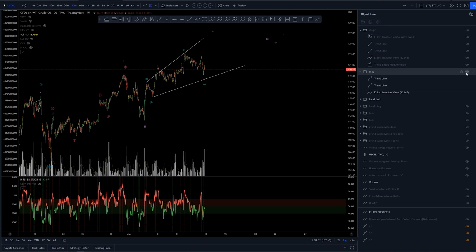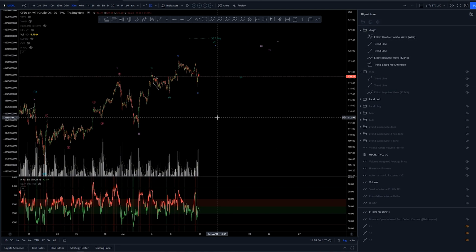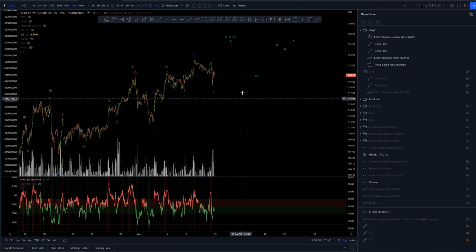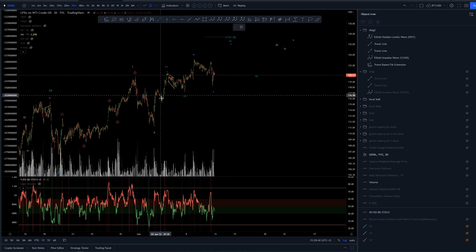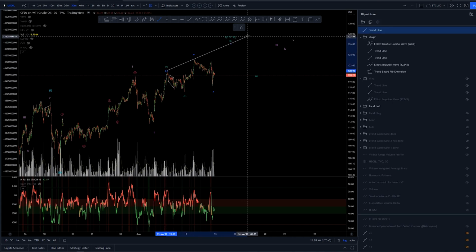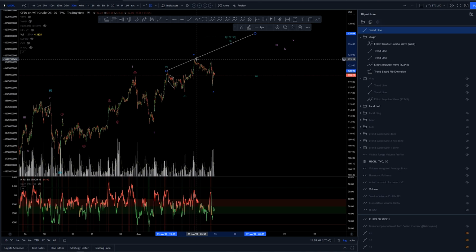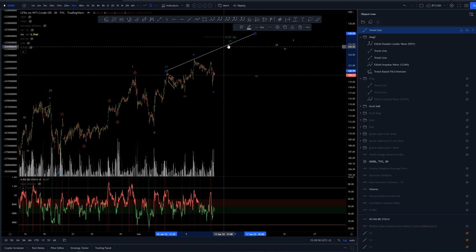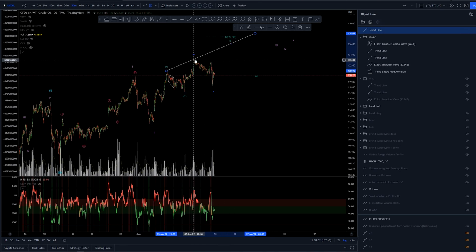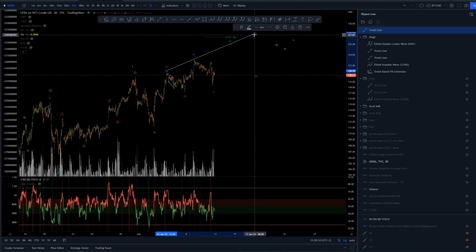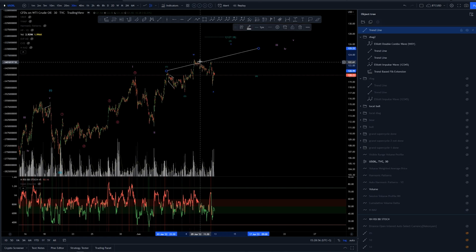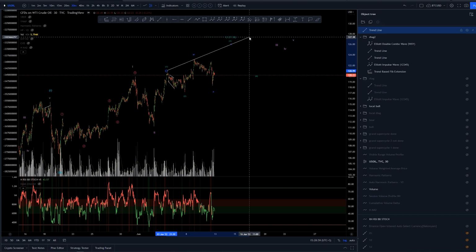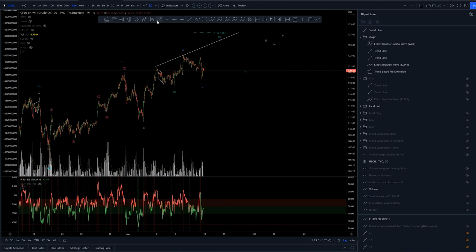The other scenario is that we're still within trying to create some kind of structure here, possibly another diagonal, as this definitely looks more like a 3-wave move than a 5-wave move, right? So I would be expecting the wave 3 to go above this one here, so we don't get again the same issue we had before of the trend line getting broken before the wave 3.